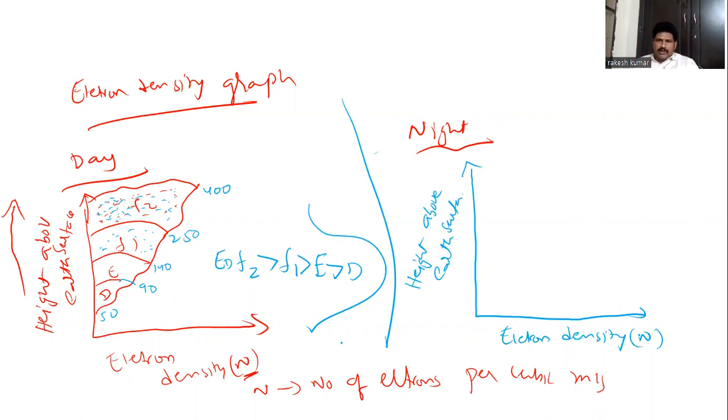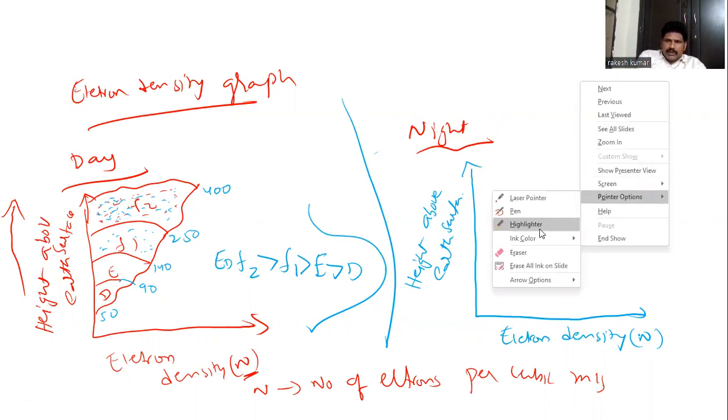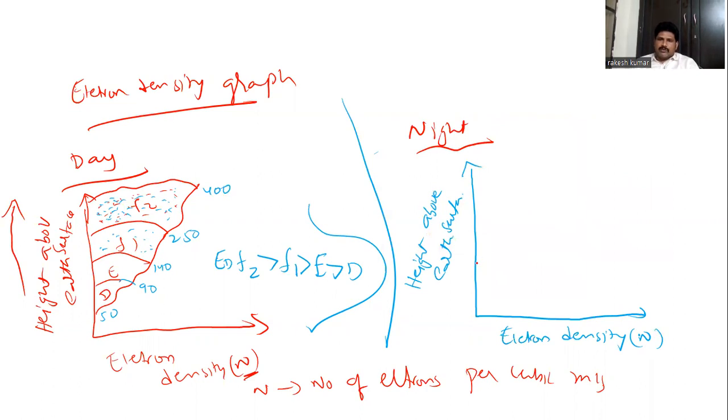So what layers will be present here during night time? I will have only the E layer and the F layer. The E layer starts from 140 kilometers.